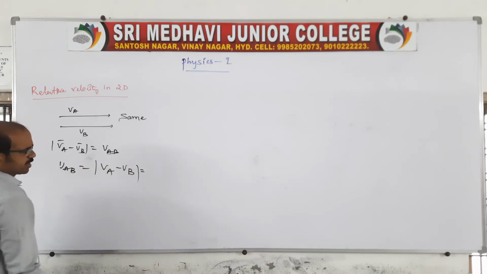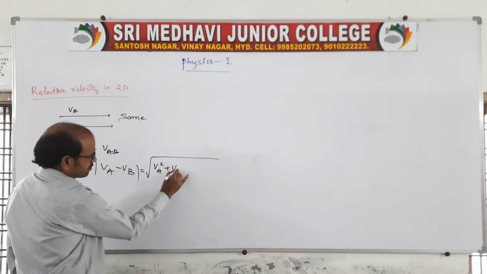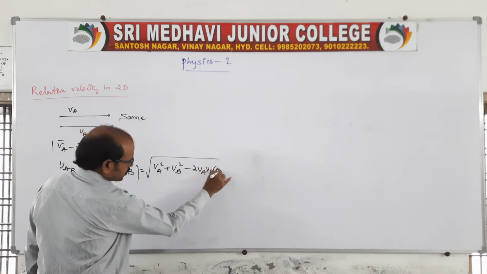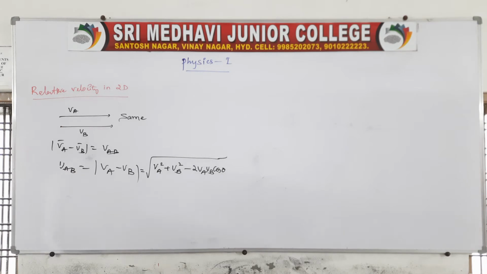Therefore, in 2 dimensions we can write root over VA square plus VB square minus 2 VA VB cos theta. This is the relative velocity in 2 dimensions.